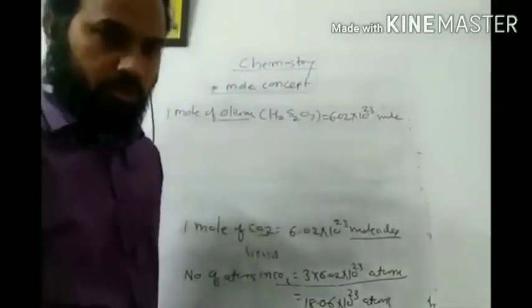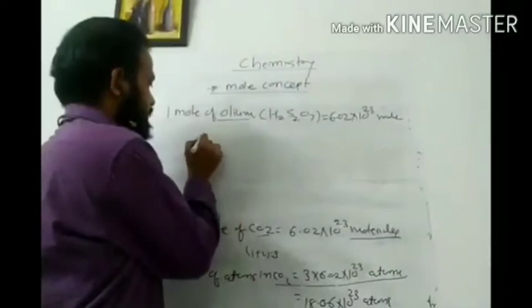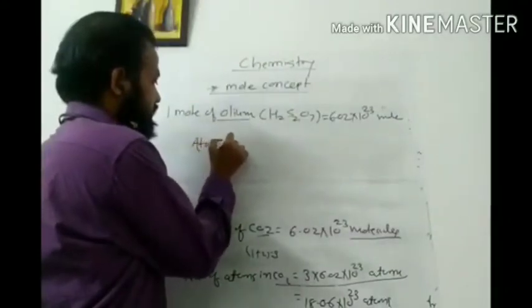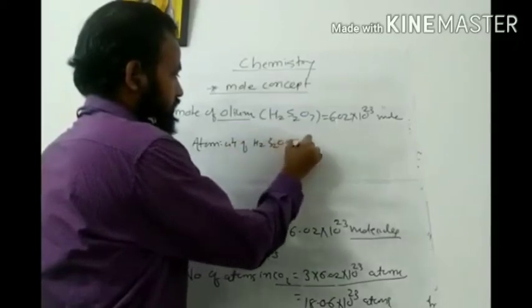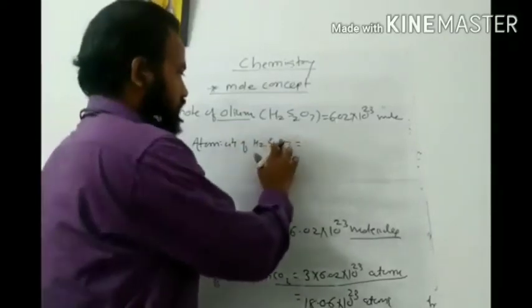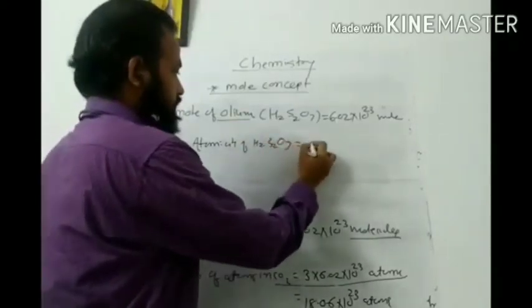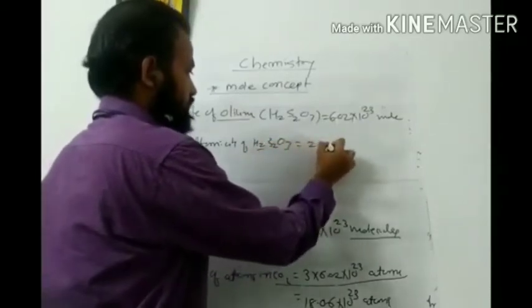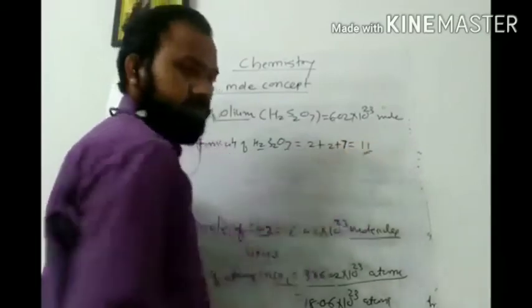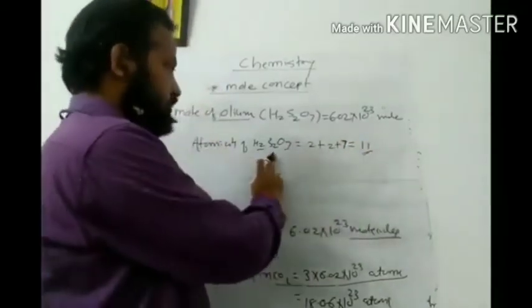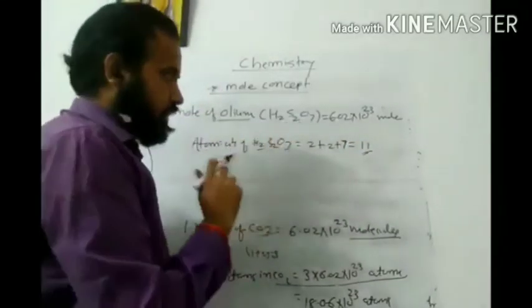Okay, sorry, here we have to calculate the atomicity. So I correct it: the atomicity of H2S2O7. Simply we have to count the atoms: 2 plus 2 plus 7. So it becomes 4 plus 7, 11 atoms, isn't it? So the atomicity of H2S2O7 is 11.